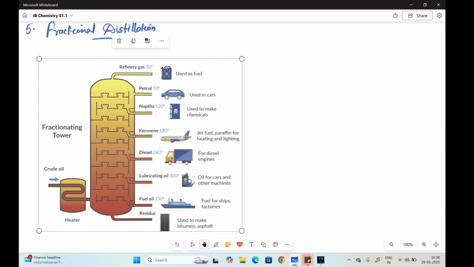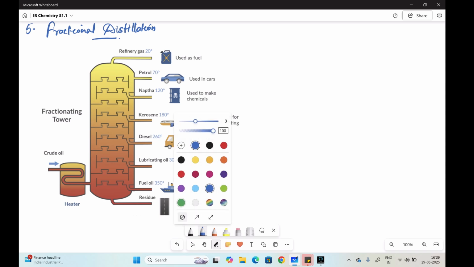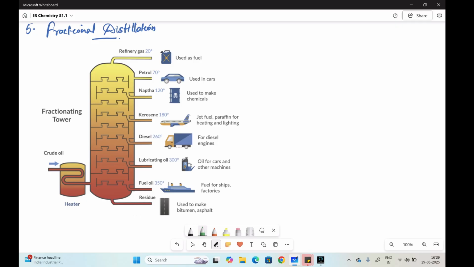So in the fractional distillation, you can see there are many things being removed from a column called fractionating column, and this particular method is used to separate your petrol, diesel, kerosene oil, naphtha, lubricating oils, right? Now, what is fractional distillation? Similar to simple distillation, but here we are separating many things, many miscible liquids.